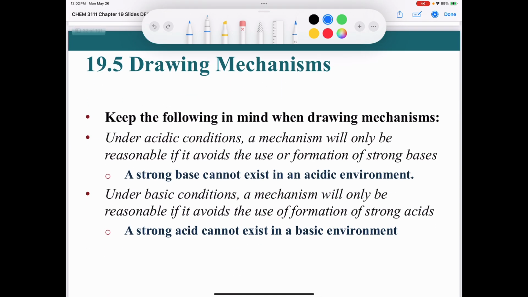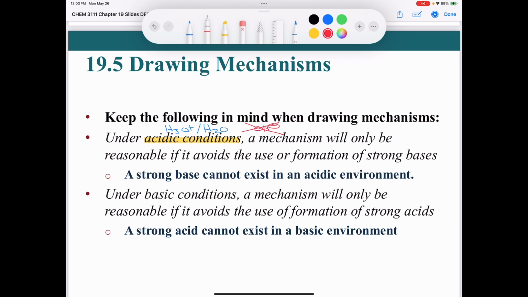And so you want to keep these things in mind when you're drawing mechanisms in this chapter and always. If you're in acidic conditions, so if you're doing a reaction in H3O+, okay, it's okay to draw H3O+, it's okay to draw H2O, but if you draw OH- or something with a negative charge, that is a big no-no.